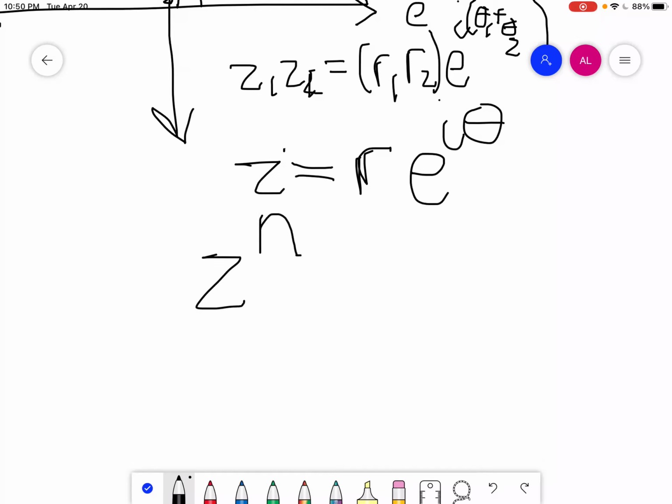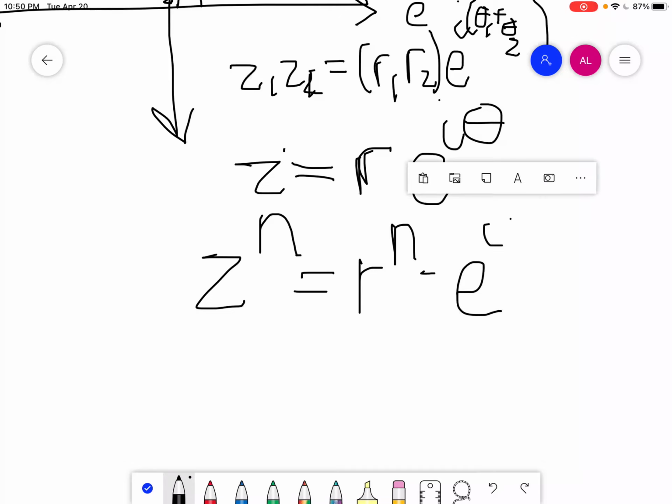Well, all the radii will be multiplied together n times. So the magnitude will be r to the n. This will be multiplied by e to the i times n theta, since theta is being added to itself n times.